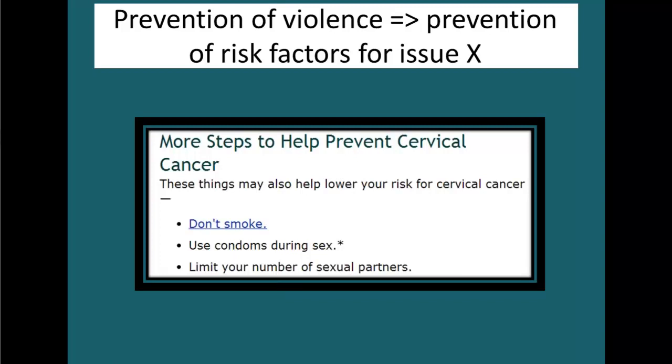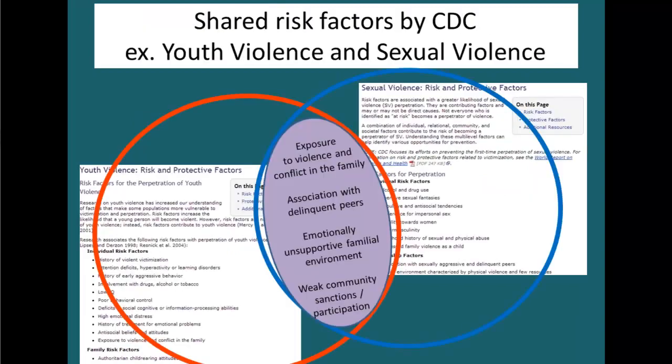And then third, I know this is a lot going on this slide, youth violence, so talking about keeping youth out of gangs and safe on the street, and sexual violence. Sometimes the shared risk factors, we know that they're there, are not as easy to find. And I just went to the CDC website and put in risk factors for youth violence and sexual violence, and you can see the web page is up.